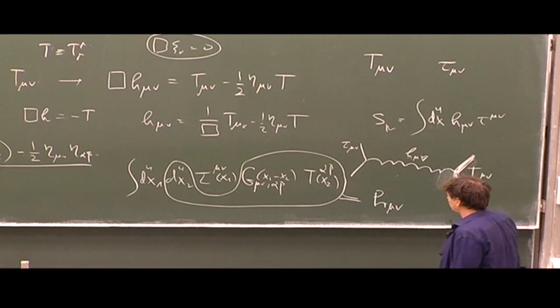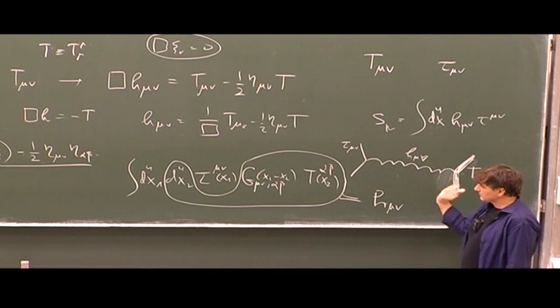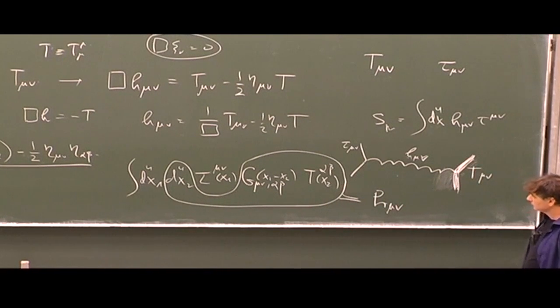So now, what else? Okay, so now the thing is, what can we learn if we stare at this expression? What can we learn about the nature of gravity? Actually, you can learn a few things already from this linearized story. Actually, a lot of things.